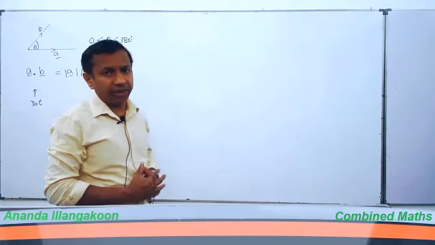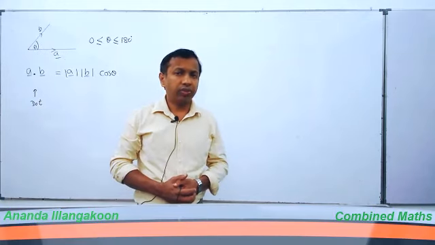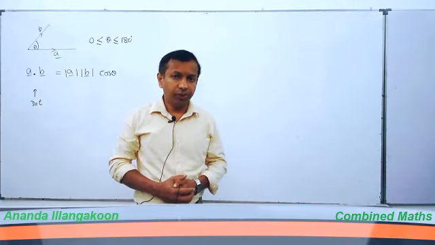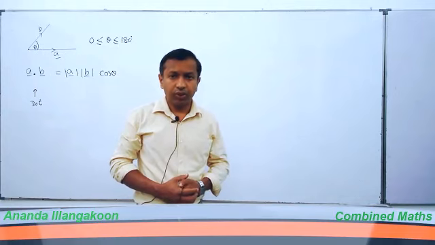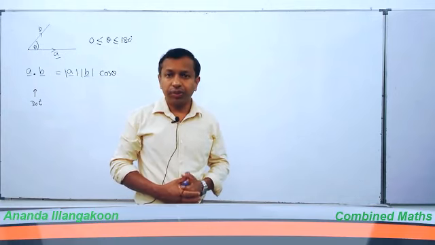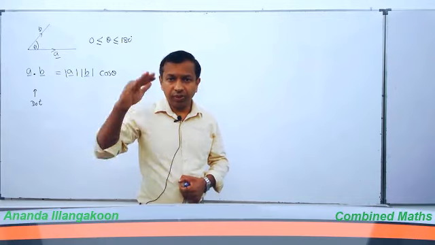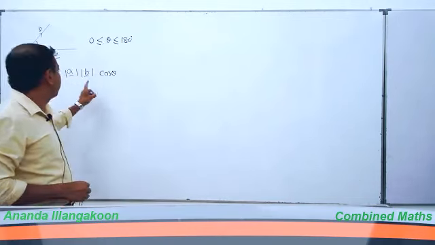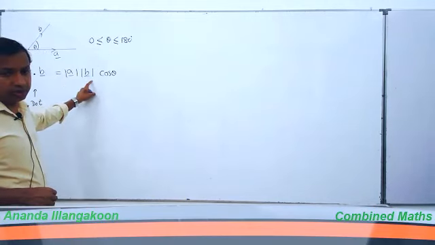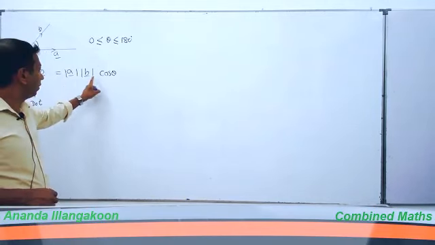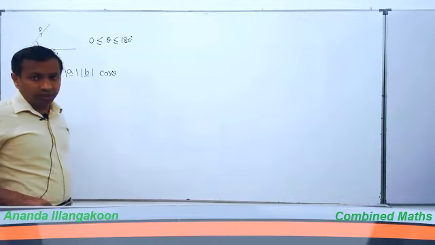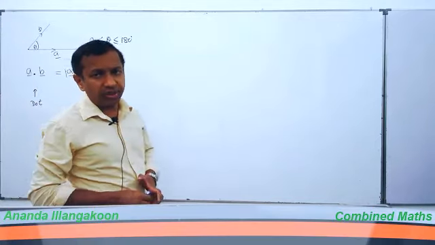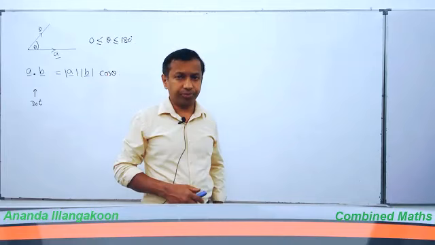Cos theta can take any value between +1 and -1, according to the behavior of the cos theta graph, which fluctuates between -1 and +1. So this right hand side is the usual multiplication of three real numbers.